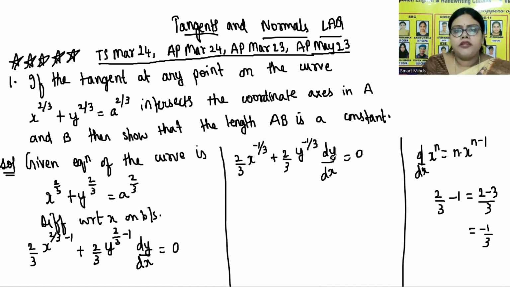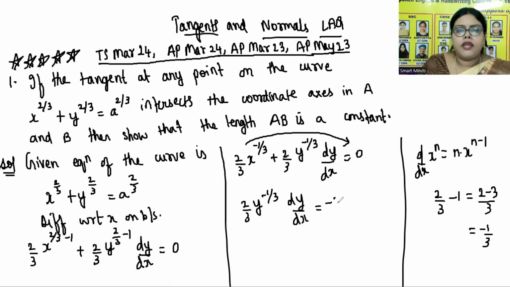Now we have to find dy by dx. So take this first term to the right hand side. So you get 2 by 3 y power minus 1 by 3 dy by dx is equal to minus 2 by 3 x power minus 1 by 3. 2 by 3, 2 by 3 get cancelled. Take this y power minus 1 by 3 to that side.